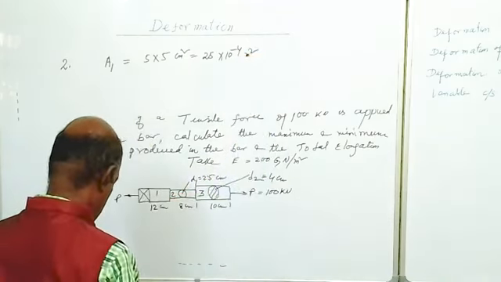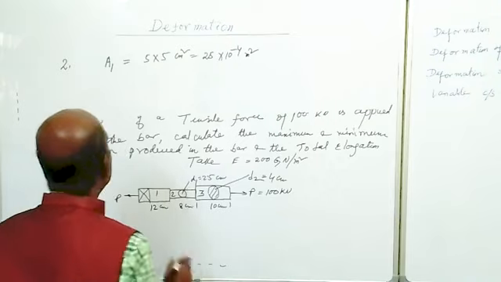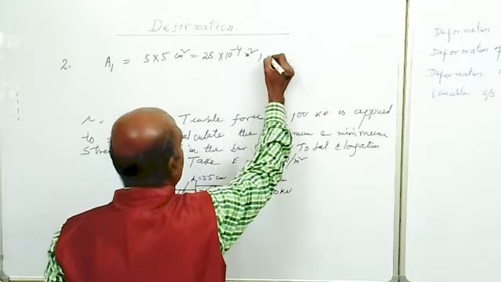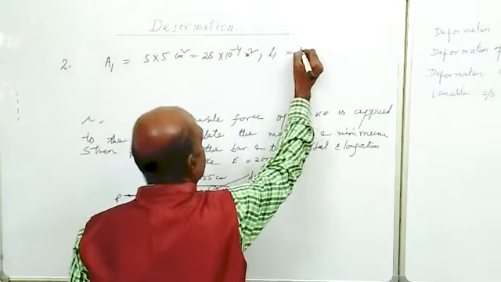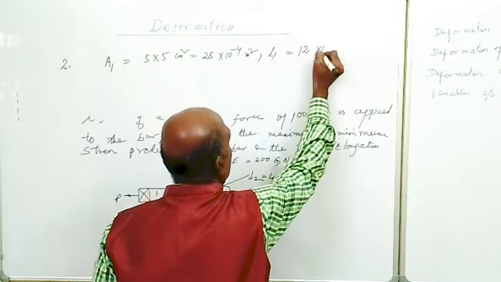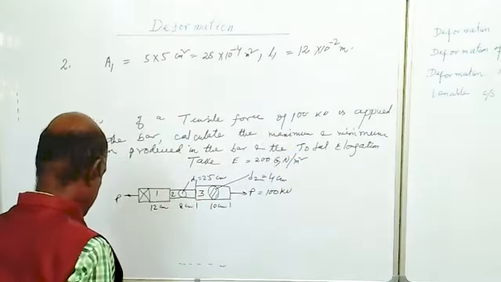The length of this first section is 12 centimeter, so 12 into 10 to the power minus 2 meter.